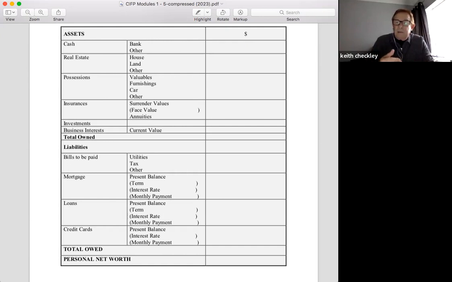Now, the net worth is known by various things when we're talking to business people. Some people call it the equity base, some people call it shareholder funds, some people call it shareholder funds and reserves. So there's all these different terms, which is why for many years we've preferred to use the term net worth, because it's quite a meaningful statement. What is your personal net worth?